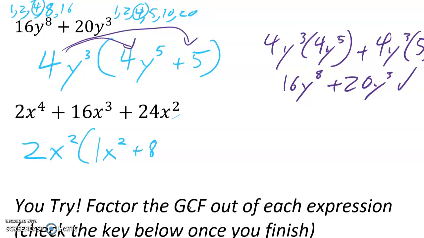X to the 3rd divided by x squared, I can cancel out 2 of those 3 factors, and I would be left with x. You could think of that as 3 minus 2 is x to the 1st power. And then 24x squared, 24 divided by 2 is 12. X squared divided by x squared, again, completely cancels out. Once more, I could multiply this to check, but that is the greatest common factor factored out of these 3 terms.